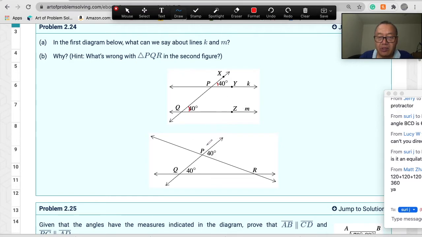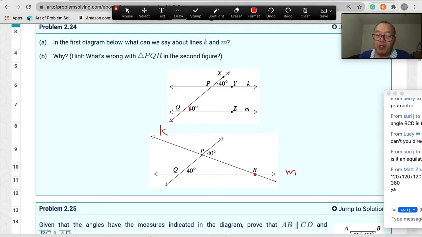Now let's suppose line K is not parallel with line M. Then line K will intersect with line M somewhere. If you say these two lines are not parallel to each other, that means they will intersect somewhere. Now let's suppose they intersect at a point R. Then this is line M, this is line K, and this line PQ will form a triangle, right?